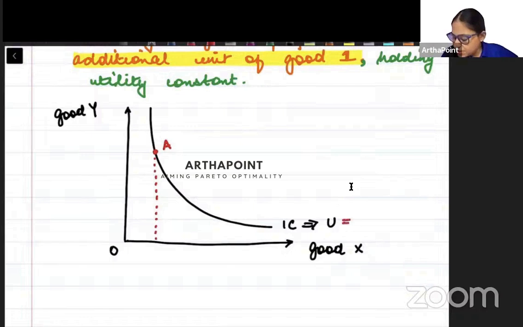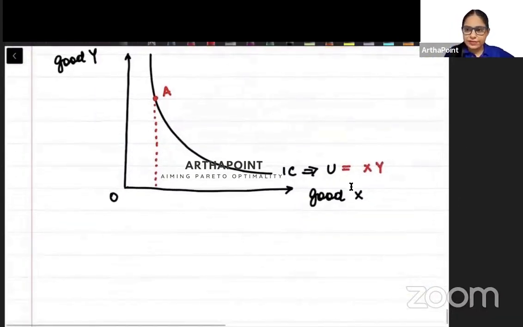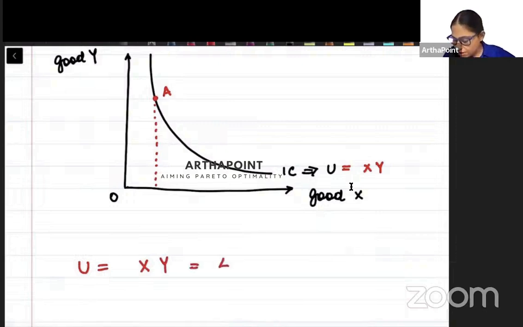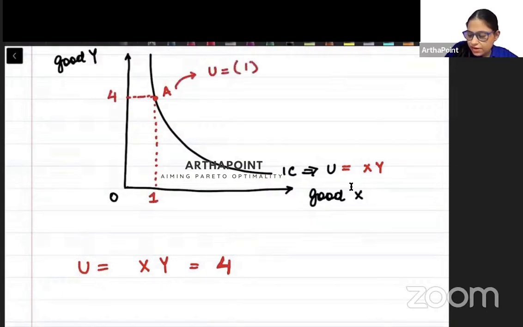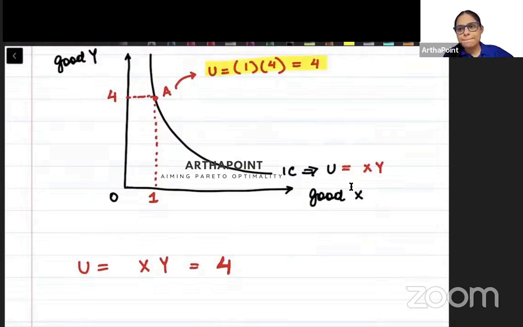Suppose मैं कह दूँ my utility is amount of good x into amount of good y. ऐसे मैंने define कर दिया. And I am holding utility constant at 4. So when I have 1 unit of good x and 4 units of good y, then I get my utility at 1 into 4. It means 4. Clear?